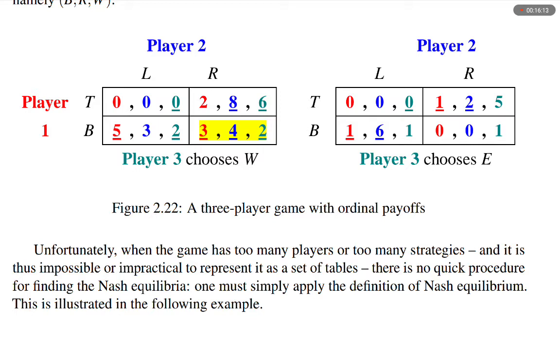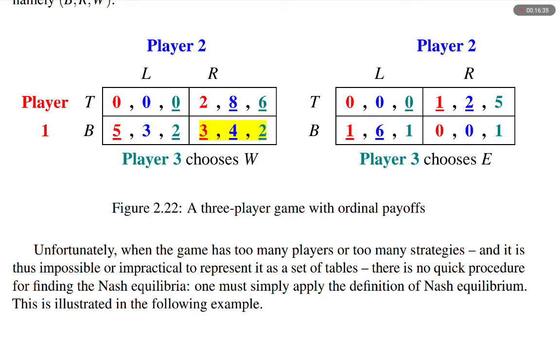In the first 2x2 grid, the payoffs are 0, 0, 0. Then 2, 8, 6. Next row, 5, 3, 2. Then 3, 4, 2.